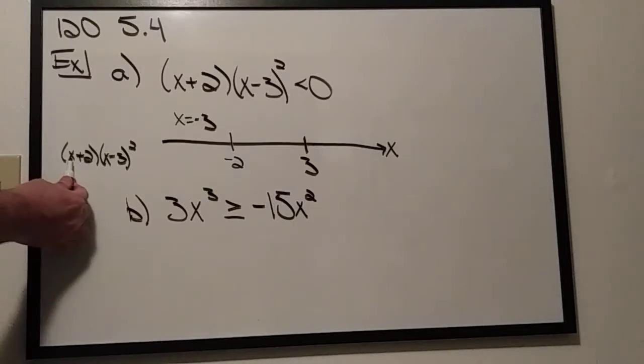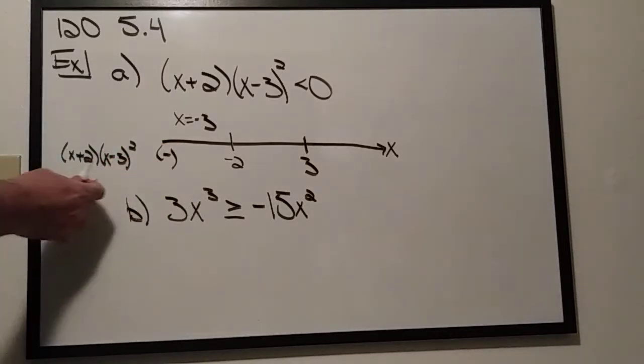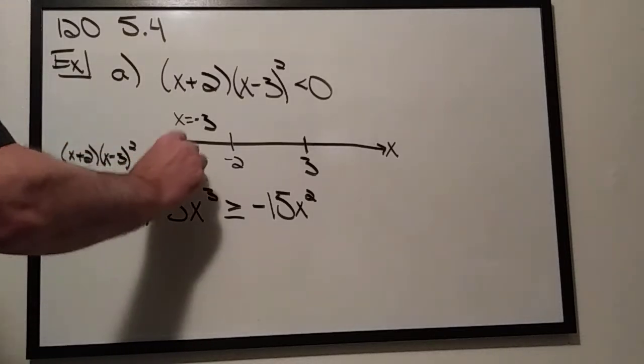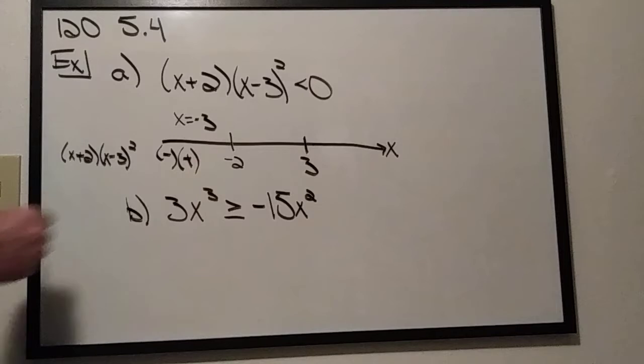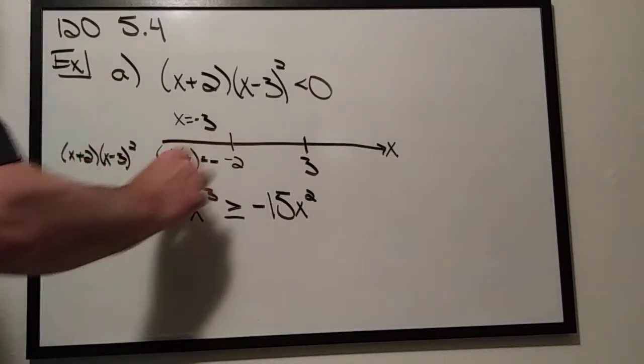So if I plug in -3 here, it's going to be -3 plus 2, which is going to be a negative answer. And then over here we have -3 minus 3, that's a negative, then square that, that's going to be a positive. So what we have then is a negative times a positive. A negative times a positive is going to be a negative.